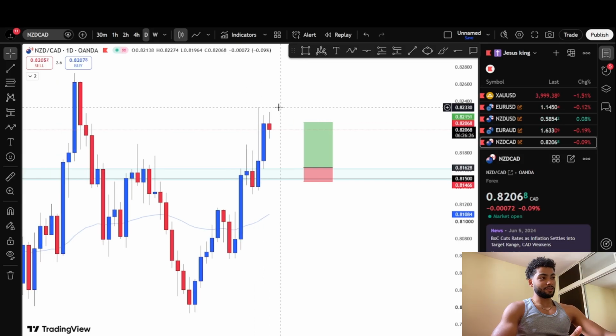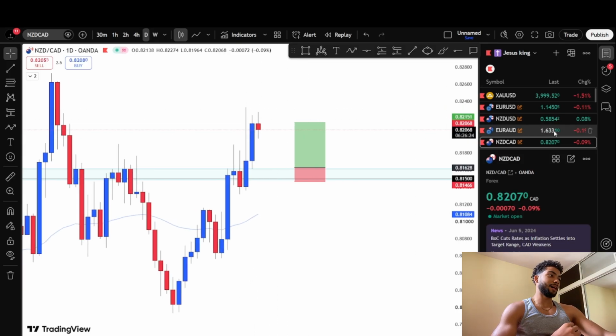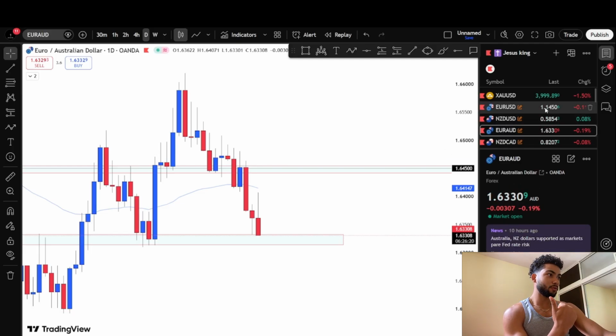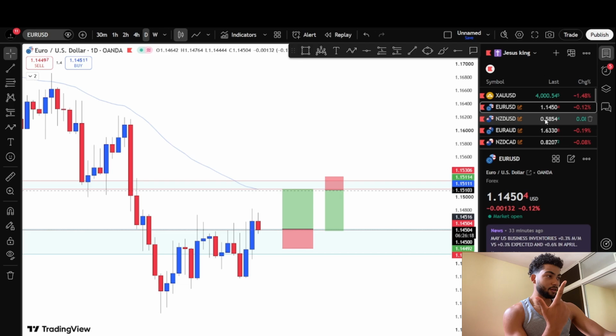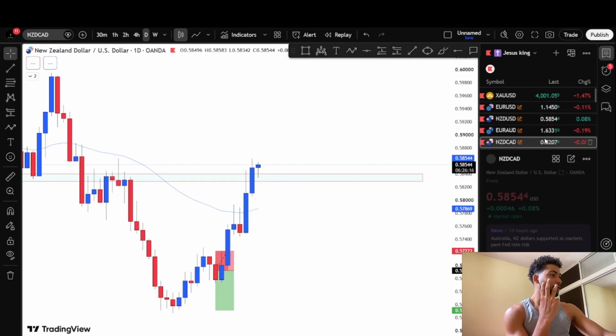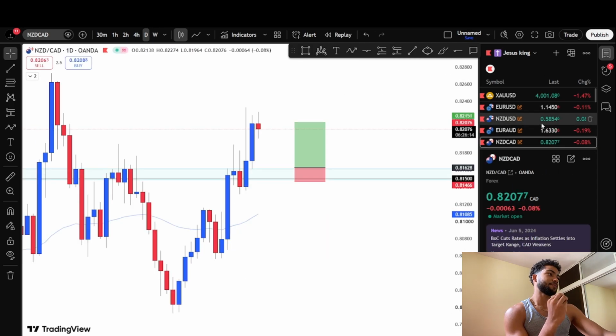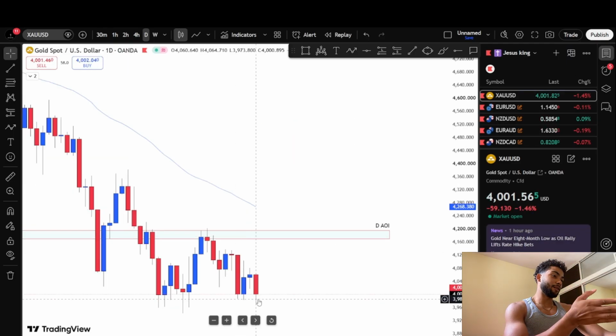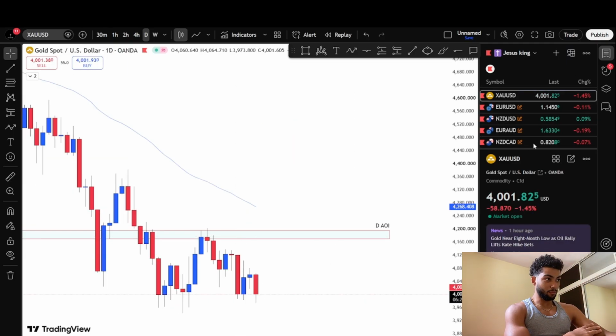I avoided another loss. So this week, I missed out on one perfect move, and I avoided three losses, and I was also trading gold, and I missed out on another move.